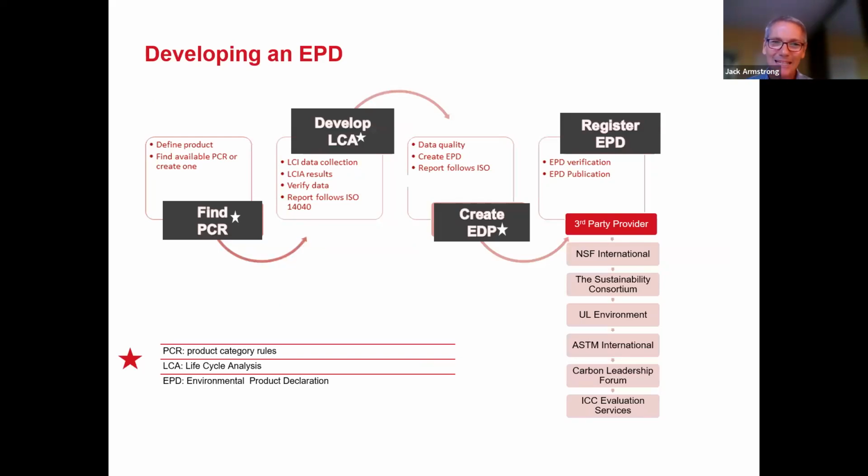So, how are EPDs really created? Well, as I mentioned in the previous example, EPDs actually start from a life cycle analysis. A life cycle analysis is a large, multi-tiered product that maybe takes 3 to 6 months to come up with. It can cost $30,000 to $40,000 to put something together like this.